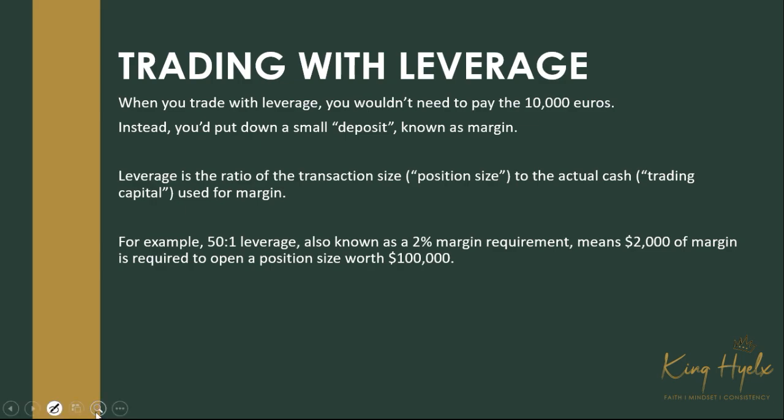So in this case, your 1 is $2,000, and when you times $2,000 by 50, you have 100,000, which means now you can open a position size worth $100,000, which means you can open a standard lot.